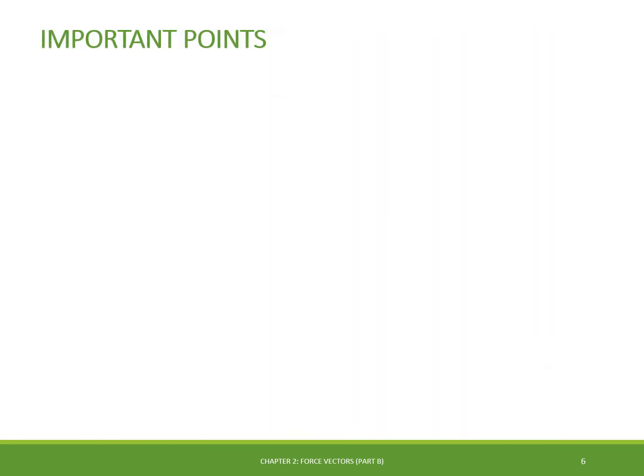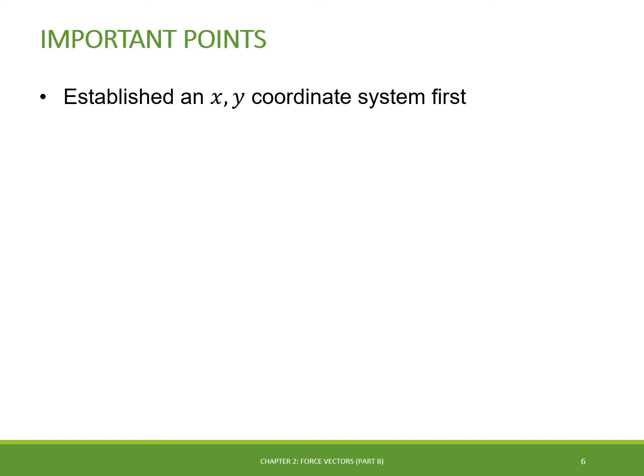Before we go to the practical examples, let's highlight the following important points about the addition of Cartesian vectors. The first important point is that, after we establish an xy coordinate system, the resultant of several coplanar forces can easily be determined by resolving the components of the forces along this axis.